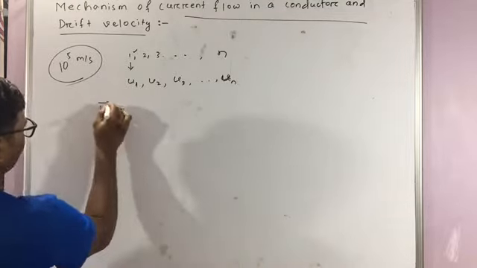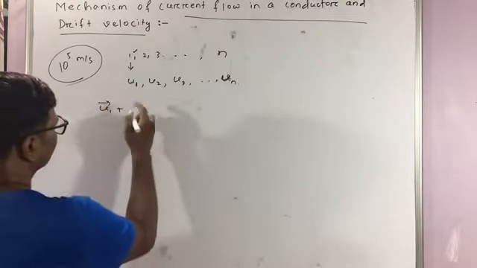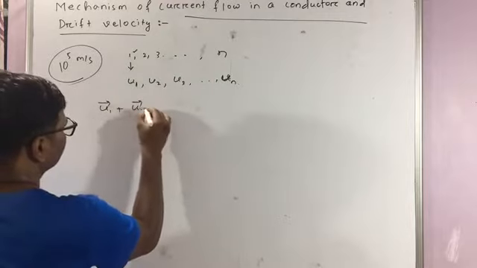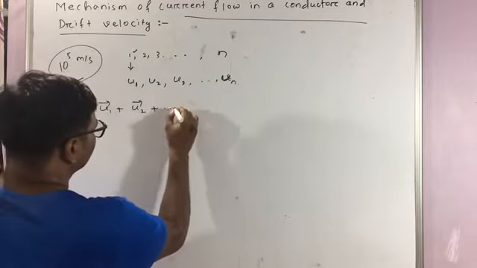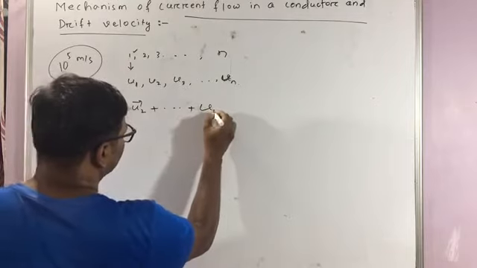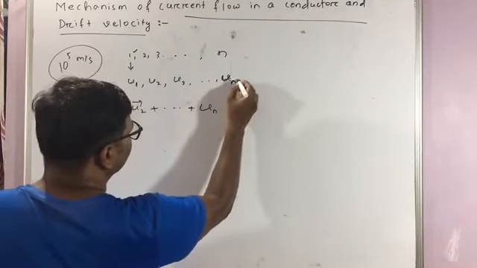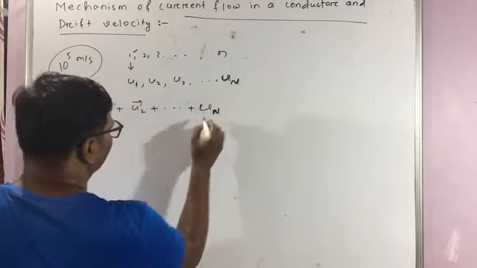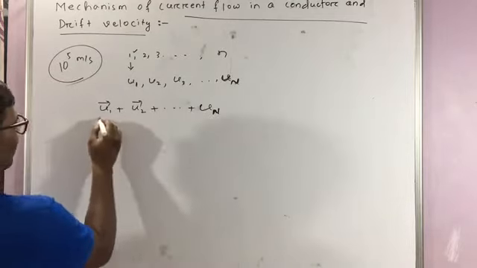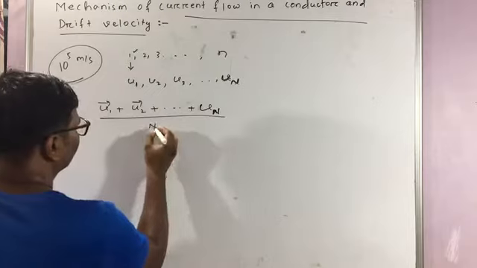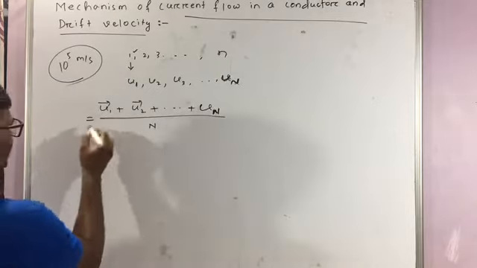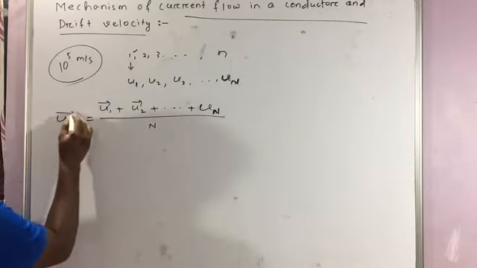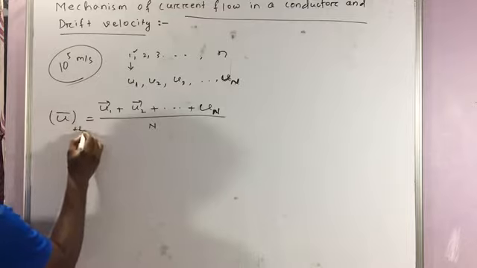So the average velocity because of the thermal motion is u1 plus u2 up to un, let us take the number of electrons to be capital N, divided by N.